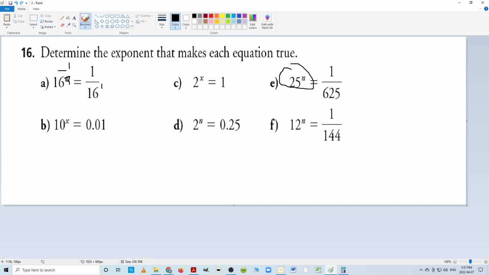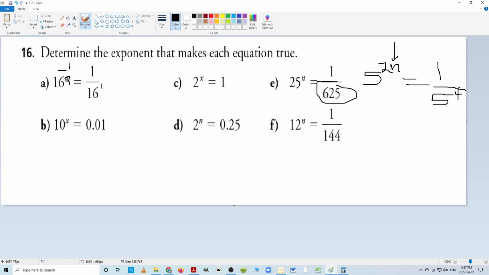How am I going to get this to there? Well, let's break this down first of all. 25 is also 5 squared to the n, right? Which means 25 to the 2n. 5 to the 2n, if I'm going to put it down here, is 5. What makes 625? 5 times 5 times 5 times 5. So it's 5 to the 4. Now that means if this exponent is going to come down to the denominator, the n must be minus.